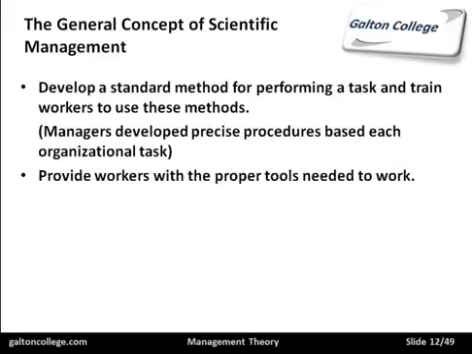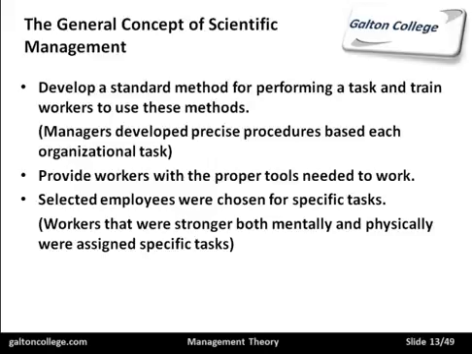Obviously, the workers would have to be given the proper tools and training to give them a fair chance, and they would have to have incentives to work. Also, the employees would have to be selected for particular tasks. They just couldn't be picked randomly and given a task. The task would have to be studied and matched against the abilities, skills, aptitudes, and personality of workers.